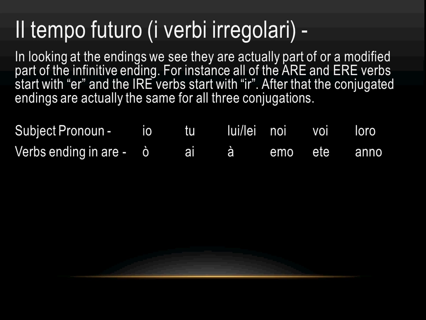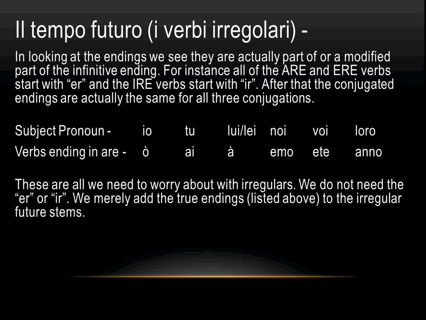If you remember the regular future tense conjugated endings, it was either erò, erai, erà, eremo, erete, eranno, or irò, irai, irà, iremo, irete, iranno. But the very end of the endings after the r was always the same: o, ai, a, emo, ete, anno.